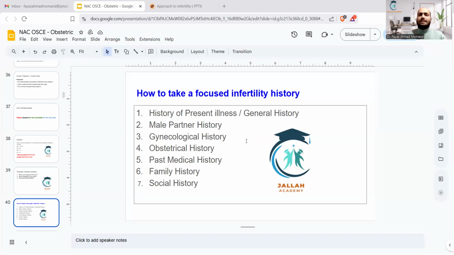And then you can ask about STIs or STDs or infections or PIDs. All these causes of infertility in women that may be present in a patient, you can cover them in just a few questions. For example, you ask them, have you had an STI in the past? Yes or no. Have you been diagnosed with pelvic inflammatory disease?